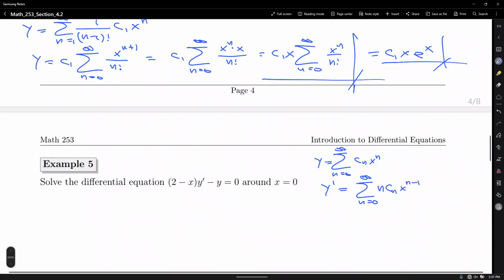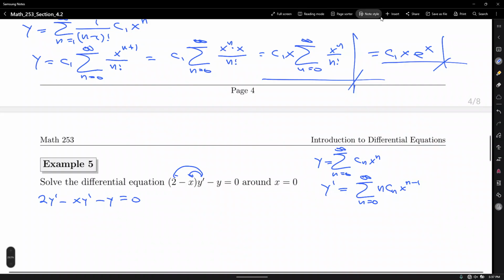All right. Well, let's go to the differential equation. First, I'm going to distribute the y prime, that is 2y prime minus xy prime minus y equal to 0.